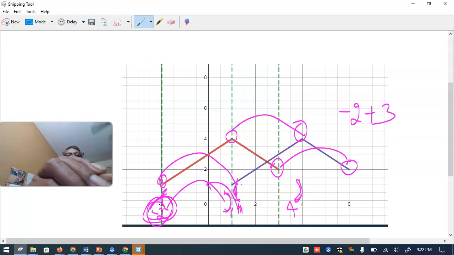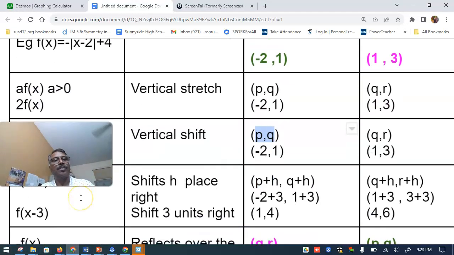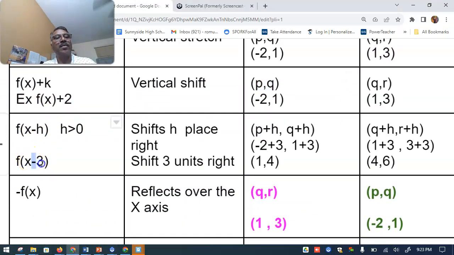So all you do is, each of those points, here it is. There is x - 3. So this x - 3, I pick 3, that means the graph shifts 3 units to the right. The h is 3, which is positive, and shifts h places to the right. That's what I wrote here.